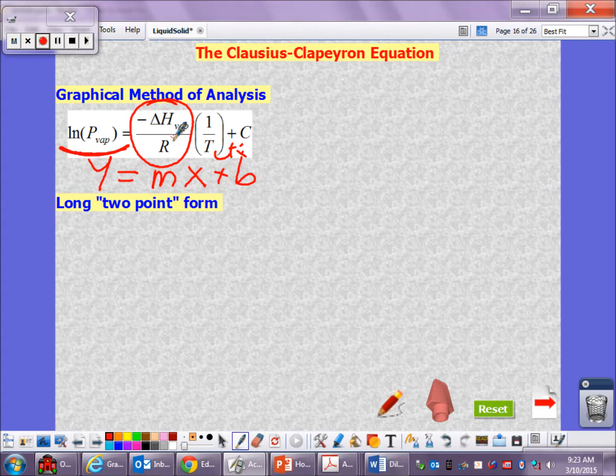I could take the time right now and derive the two-point form for you, but I'm not going to do that. I'm just going to give it to you. We could easily derive it from here.